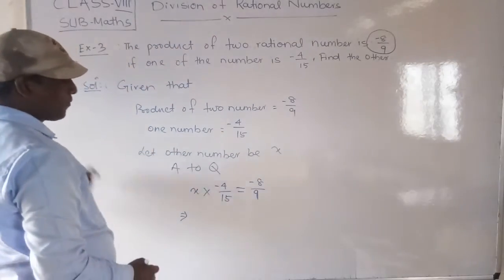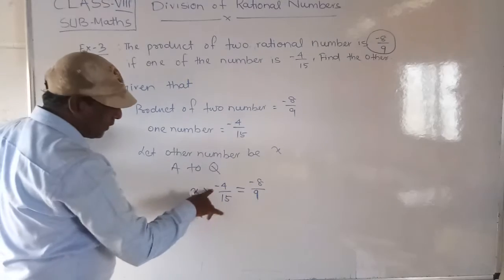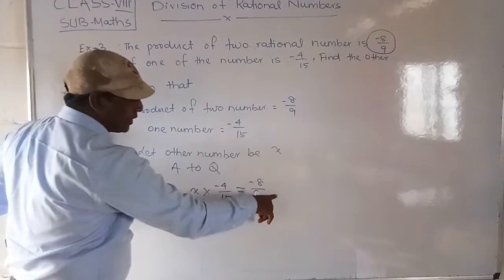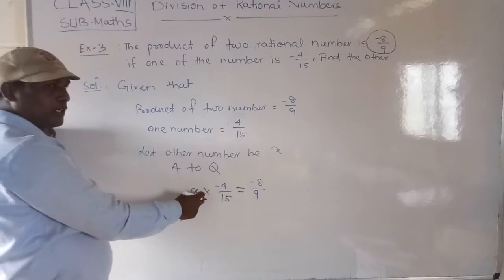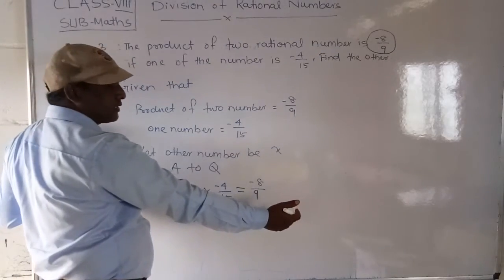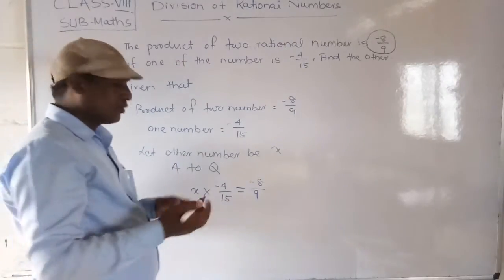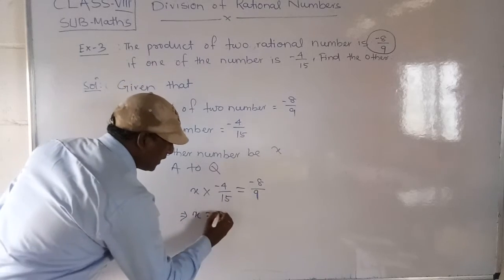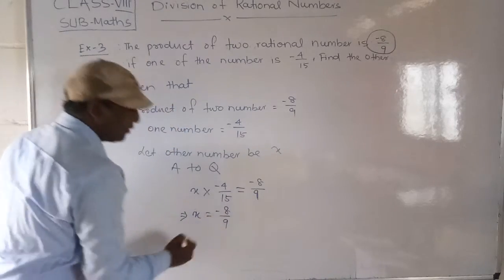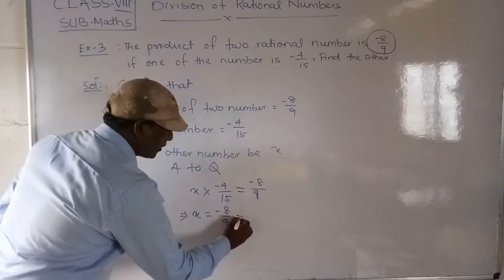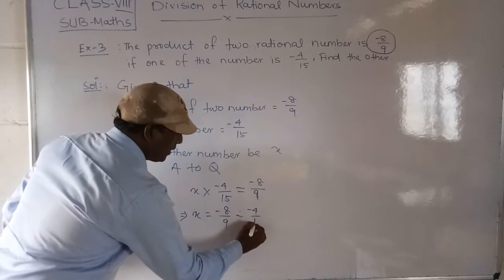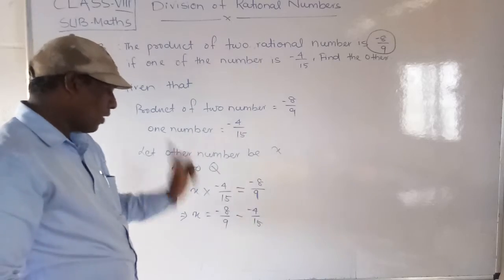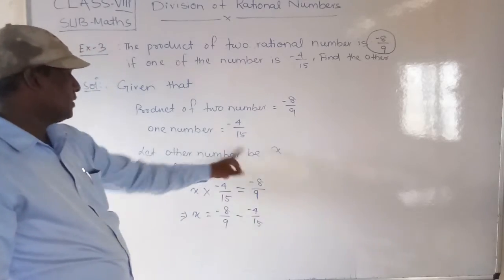Students observe here, this is multiplication here, and we need x. If this number goes to the right side, it becomes division. So x is equal to minus 8 by 9, and that goes to the other side and becomes division, divided by minus 4 by 15. Are you clear? Now we divide the two rational numbers, and the answer is x, the other number.